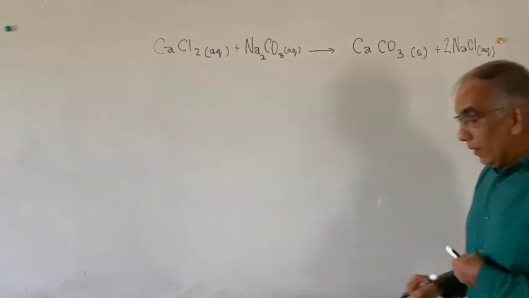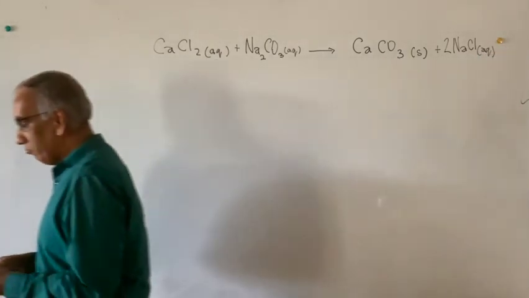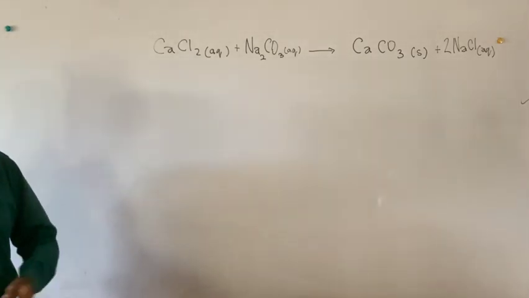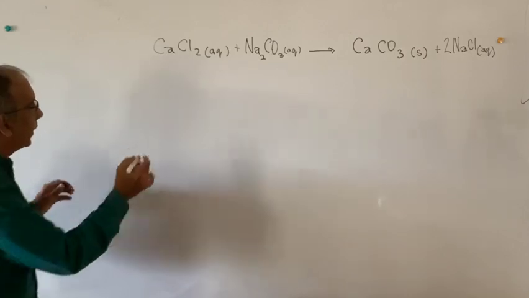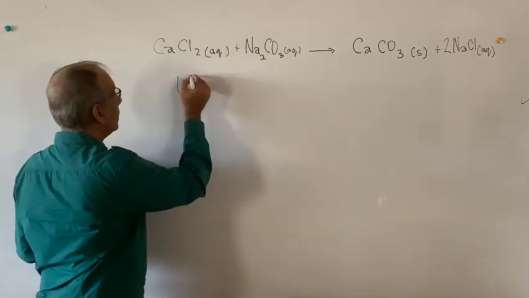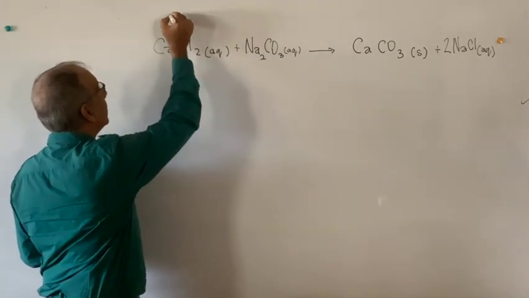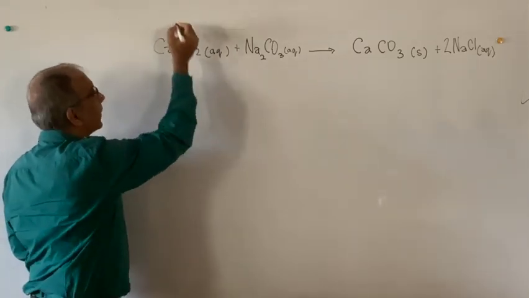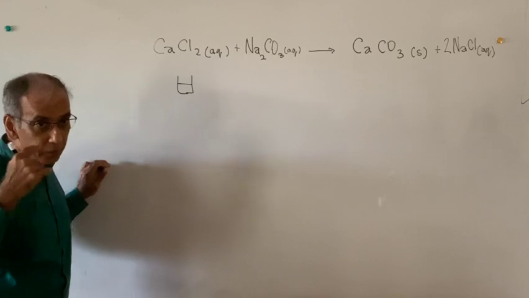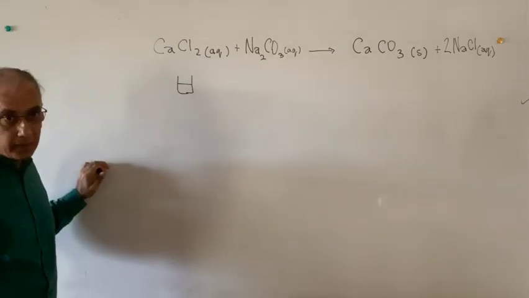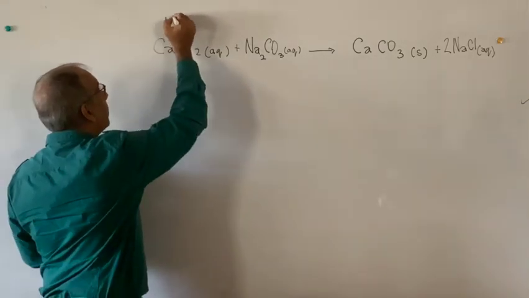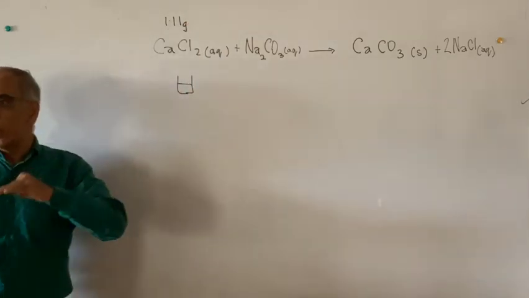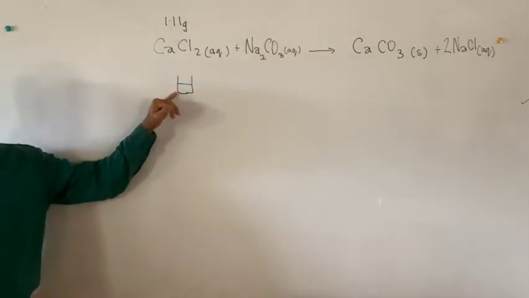Now, are we remembering the equipment that we used to go about doing this? First, you had to go get a beaker and you dissolved 40 plus 71 divided by 100. I'm doing all of that mentally in my head. 1.11 grams. You dissolve 1.11 grams in about 100 ml of water.